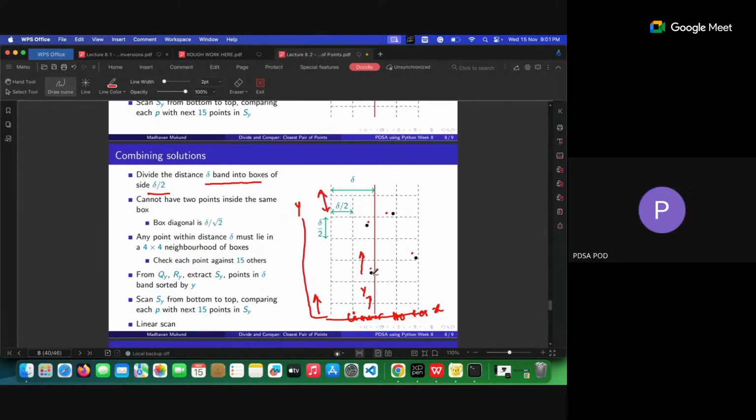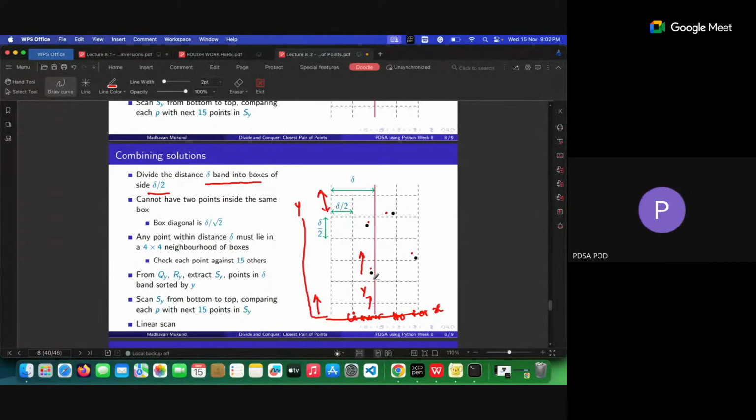So this is 1 point. There is no chance of any other point around it. In this particular box, you don't have another point, am I right? Similarly, in this one we have only 1 point.